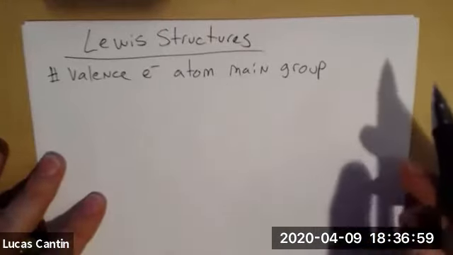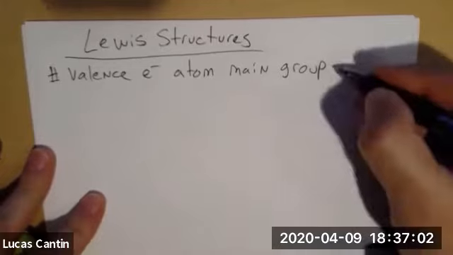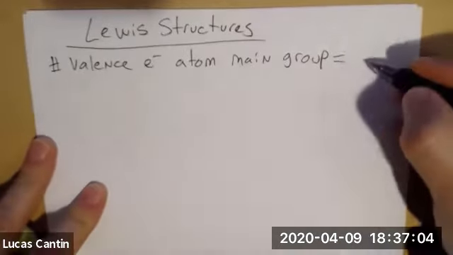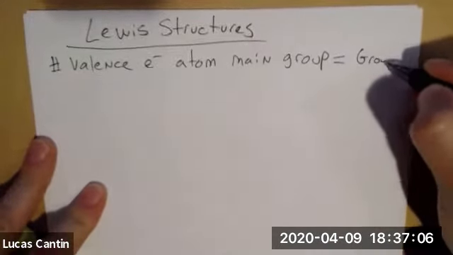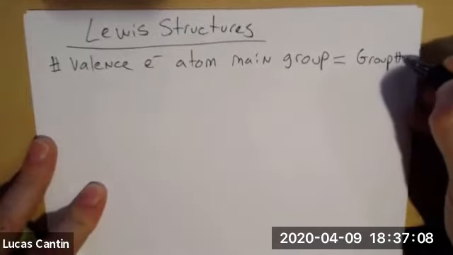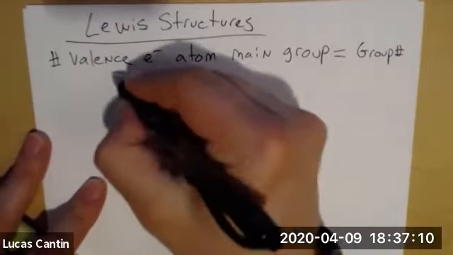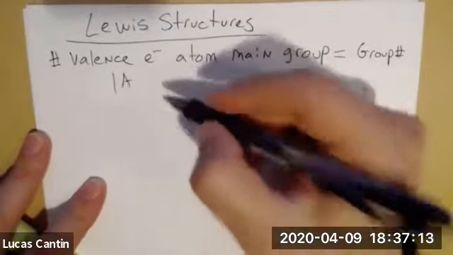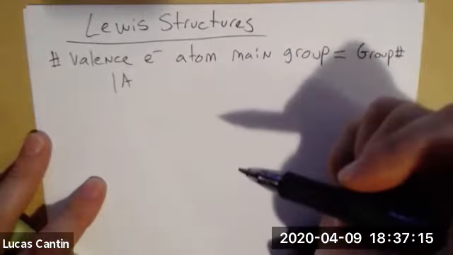So valence electrons in the main group is equal to the group number if we're doing the A and B. If it's in the 1A, do you remember electron configurations?